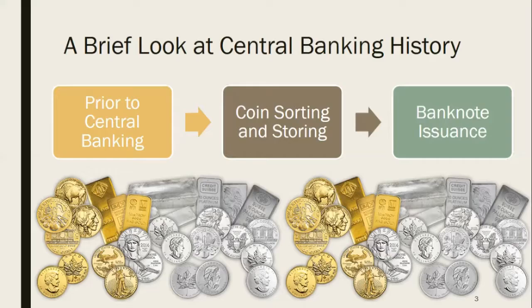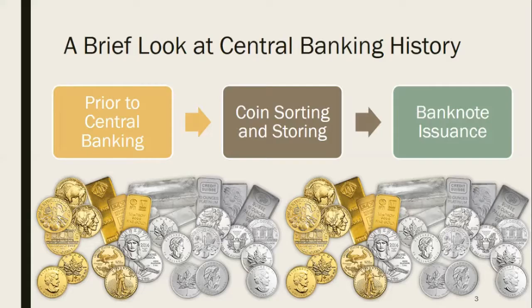But later, what happened? Even using these coins became difficult. Why? Because these coins were heavy and large. So merchants had to store a large number of coins and carry them wherever they went for transactions. So it was inconvenient.